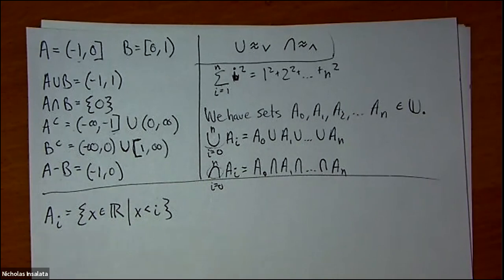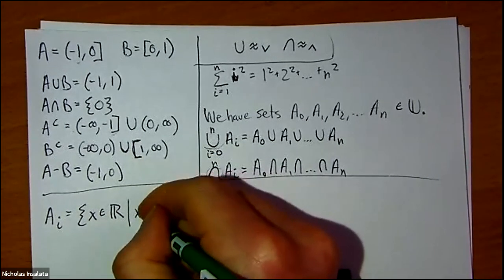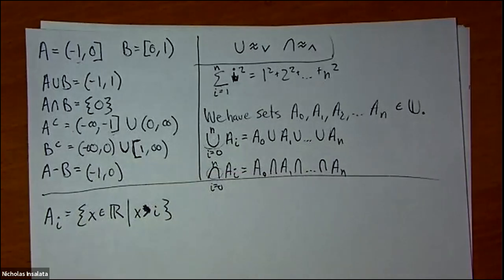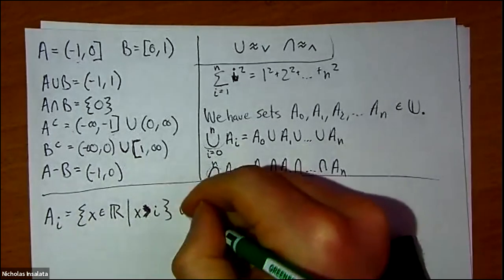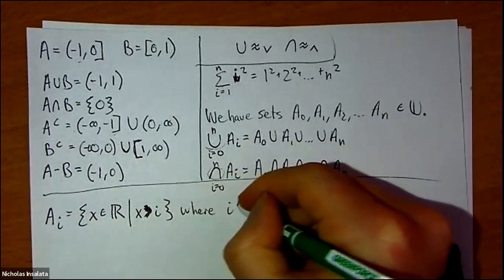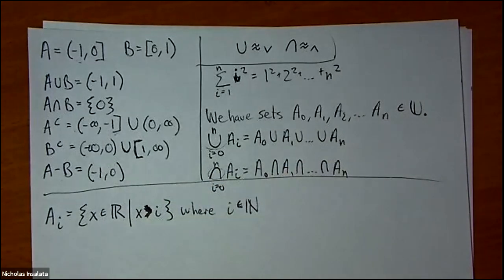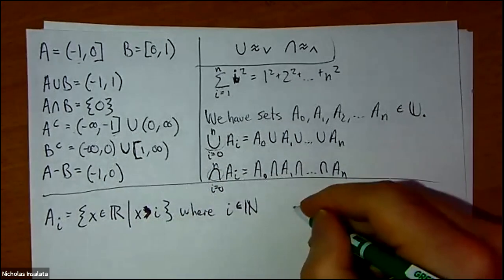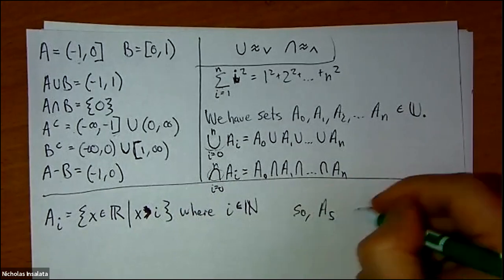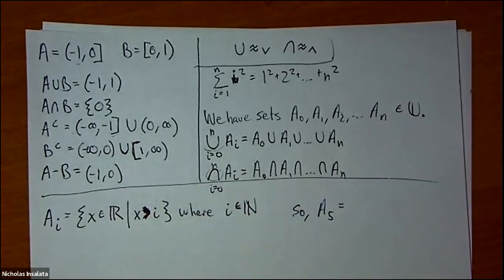Oops, sorry. x is greater than i, where i is an element of the naturals. So, for example, what would be the set A sub 5? Any ideas?